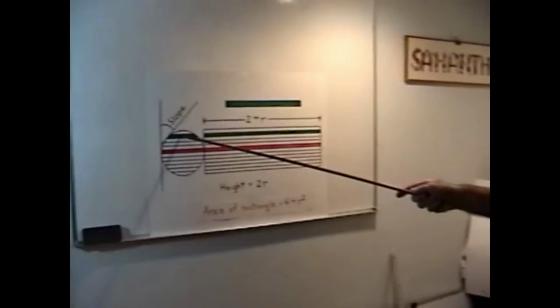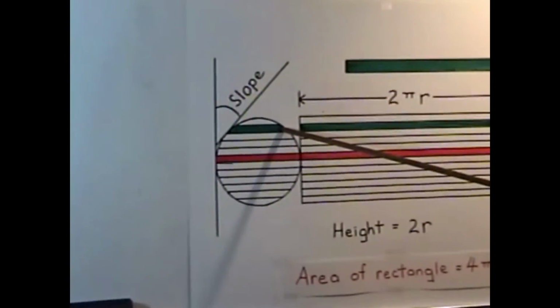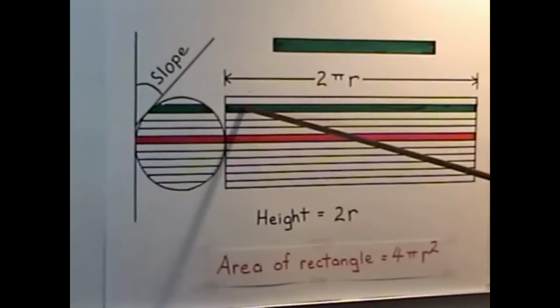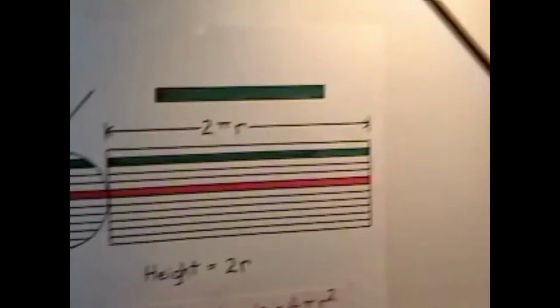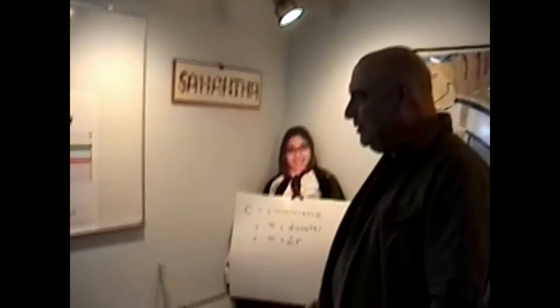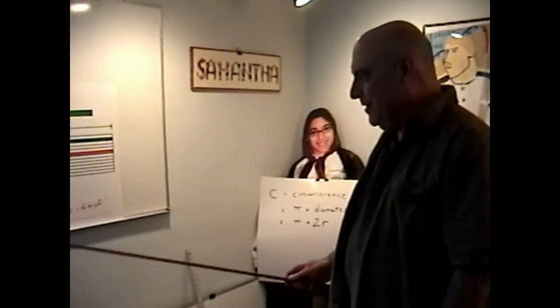But does this stripe that's closer to the North Pole of the sphere have the same area as the corresponding stripe on the rectangle? This is kind of tricky to discuss, but let's take a shot at it.